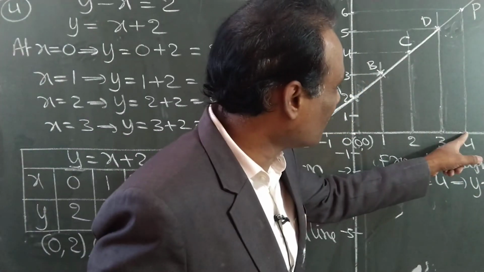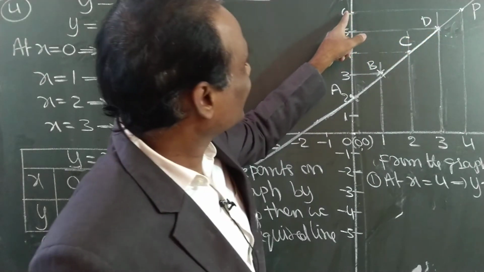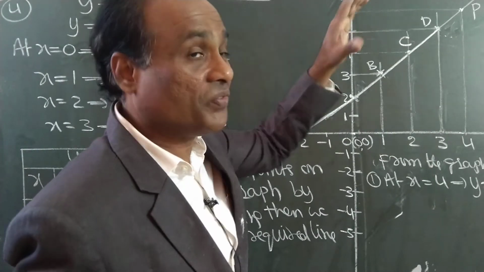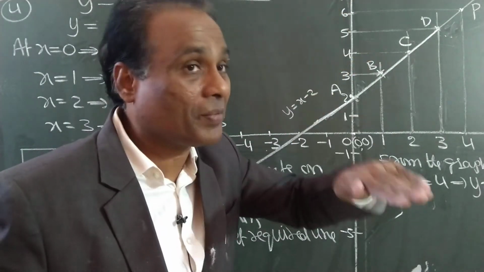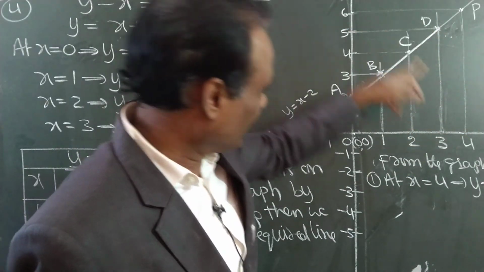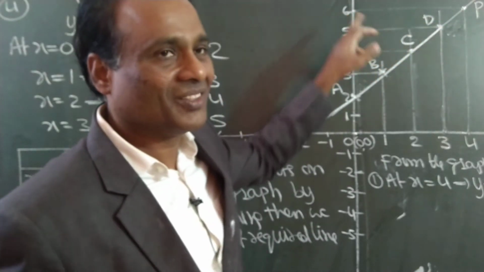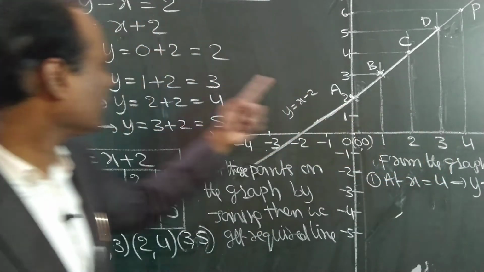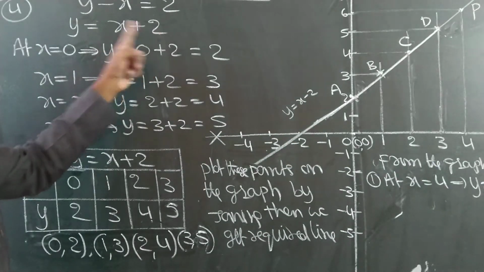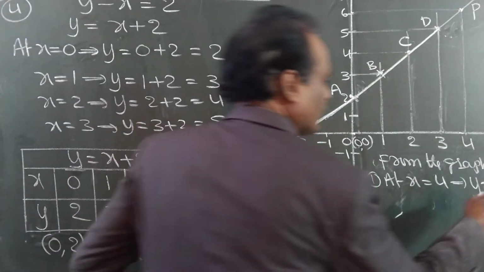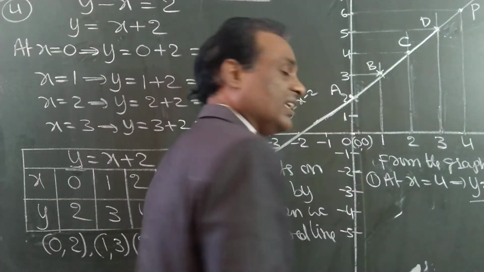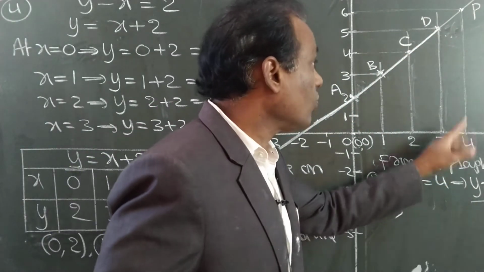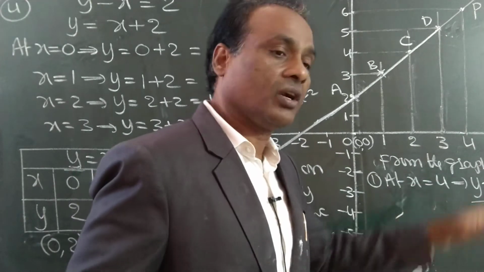When x is 4, what is y? If you draw this on the graph paper, you will get exactly 6. Even I am also getting 6. So it is correct, because x is equal to 4 here, 4 plus 2 is 6. So y is equal to 6. This is over. The question is, when x is equal to 4, what is the y value? So we got 6.